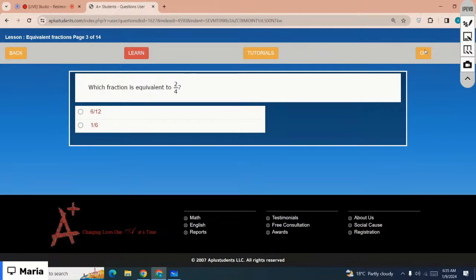So you have to multiply them by 3. 3 times 2 is 6 and 3 times 4 is 12. So the correct option is 6 out of 12.